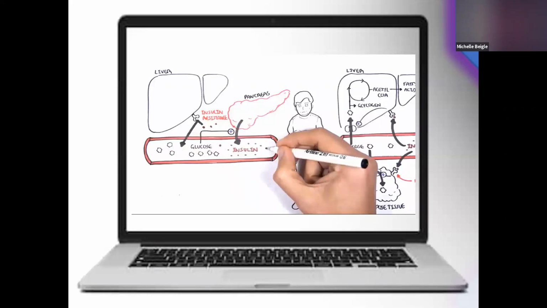Now, insulin resistance occurs because of a variety of factors, including genetics, family predisposition, bad eating habits, and also obesity. So, because of insulin resistance, glucose cannot be taken up by all these different organs, and so you have high blood glucose.